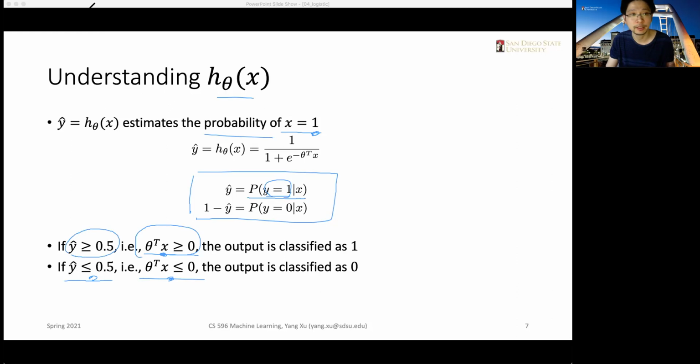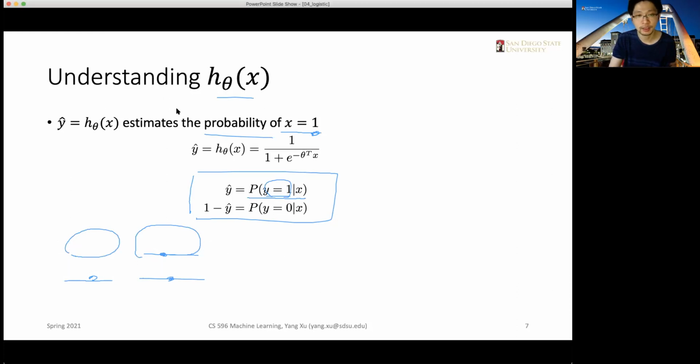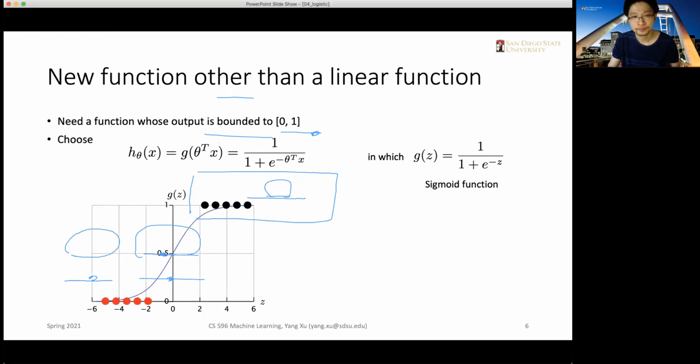This is a quite clear relationship, because if you look at the form of this h theta of x, whenever theta transpose x is greater than 0, then if you look at the shape of the sigmoid function, this item is smaller than 1.